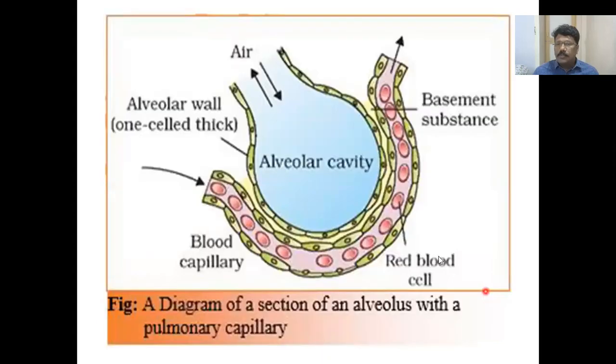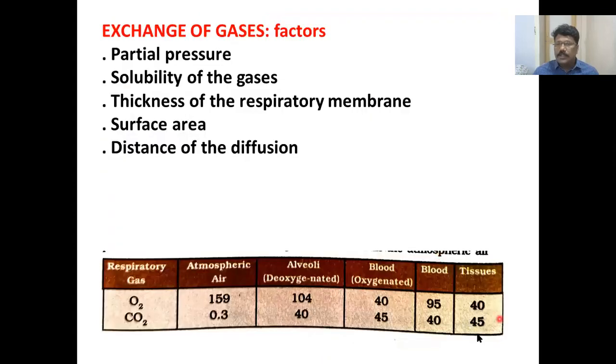At the same time, the carbon dioxide in the tissues, in the cells, is having high partial pressure because of the oxidation of the food materials. The carbon dioxide will be produced and it is having higher partial pressure at the tissues. You see the conditions. The partial pressure of the oxygen and carbon dioxide are reverse in case of tissues.